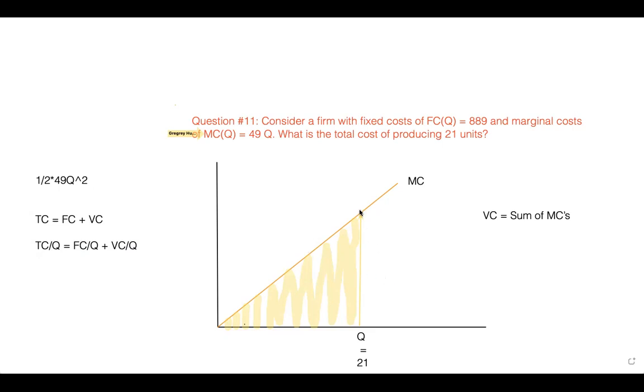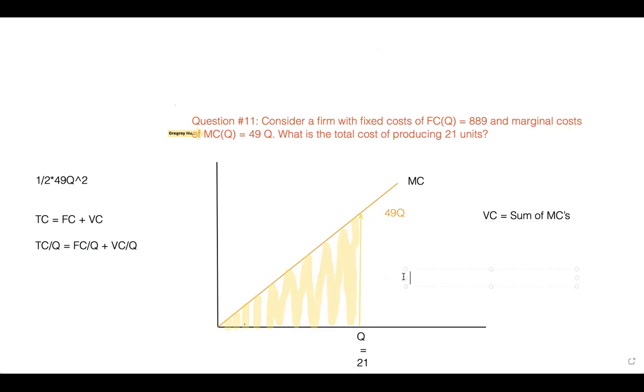And now if you think about it, this is exactly what we do when we compute this area. The area is a triangle, and the height of the triangle is going to be the height of the marginal cost function, which in this case, and I'll try to put it in a different color, is 49q, whatever the q is. And then the base is going to be q.